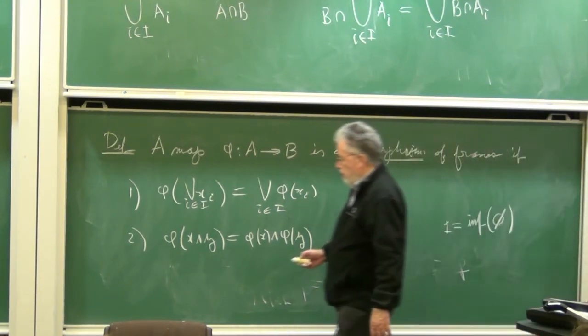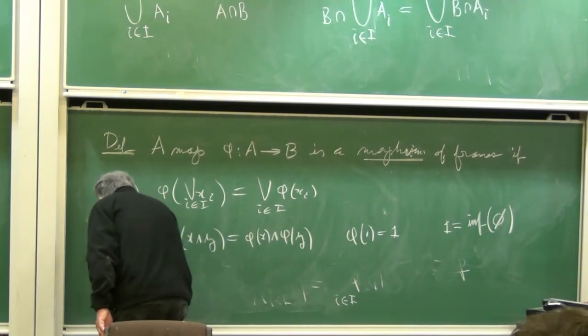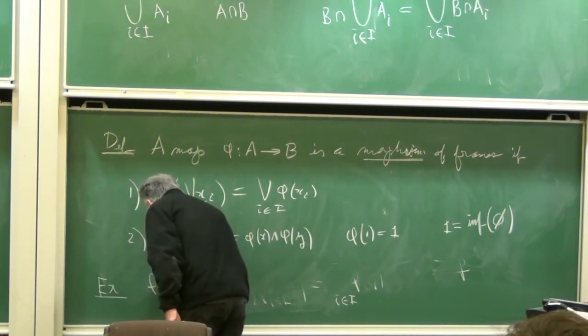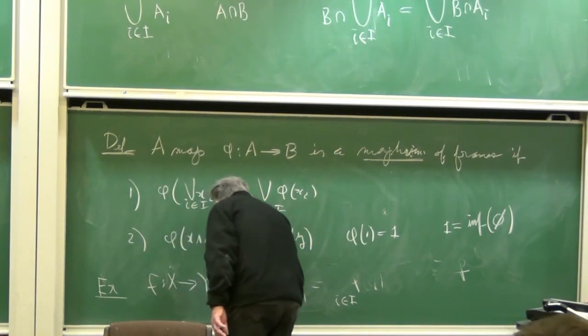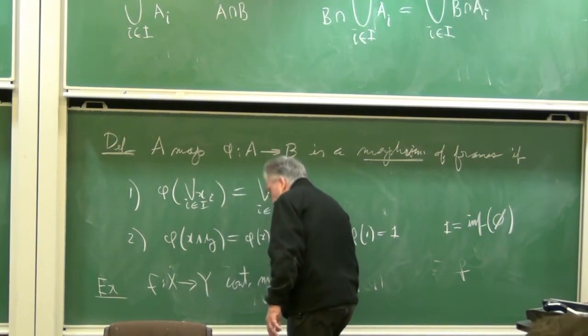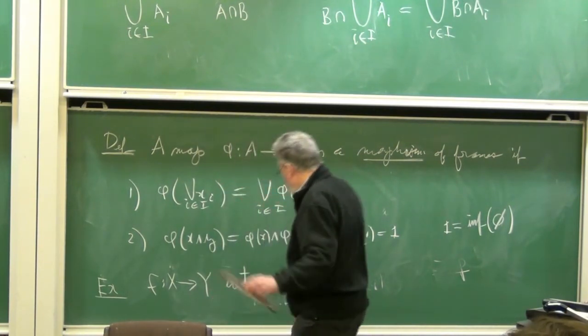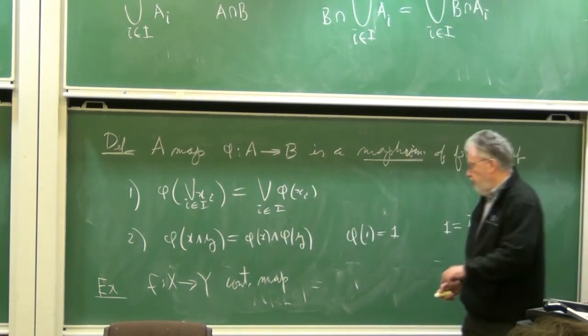So an example is that if you have a continuous map between topological spaces, then you get an inverse image map.